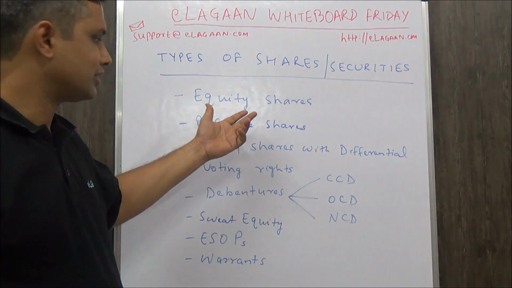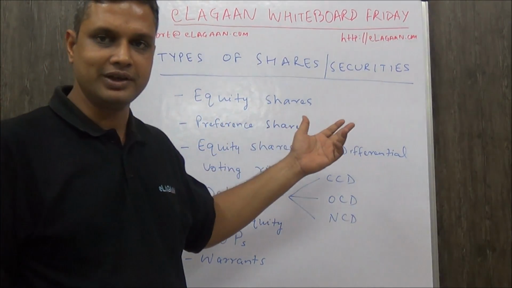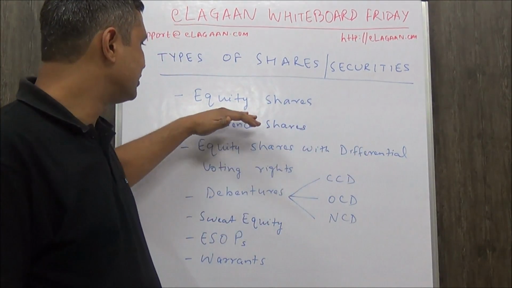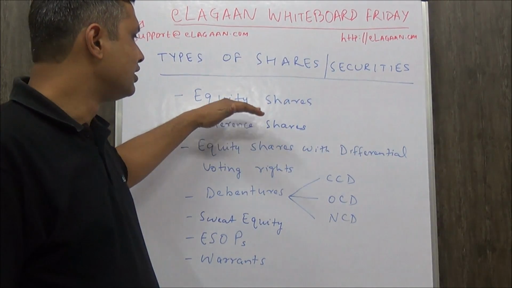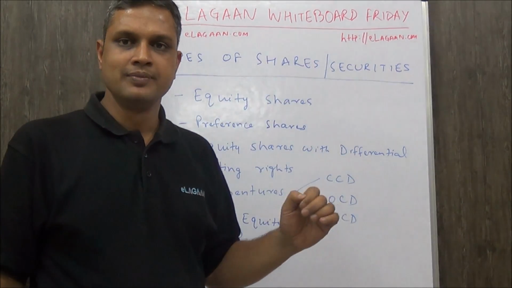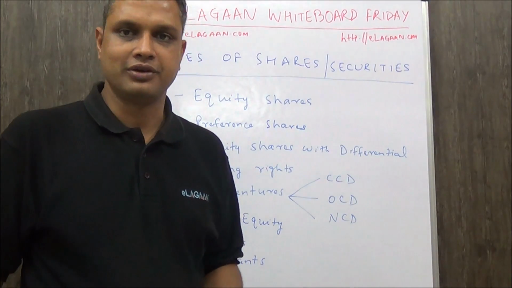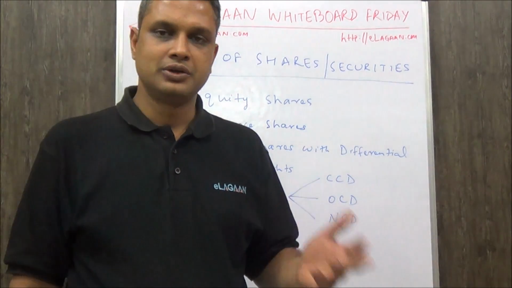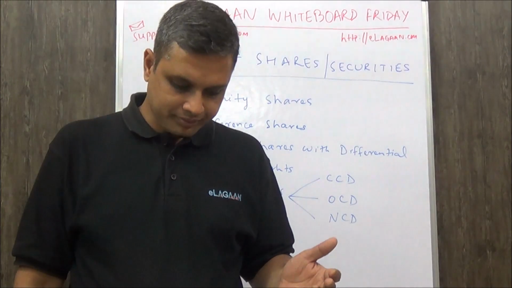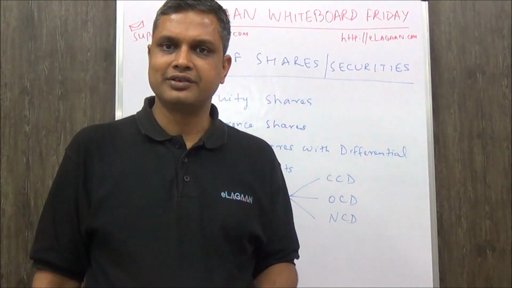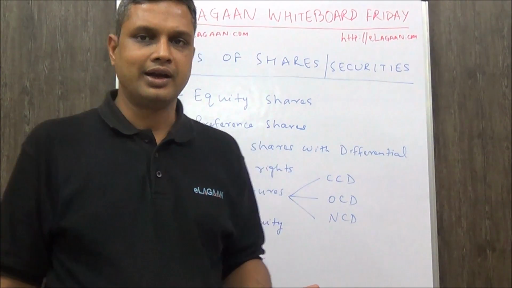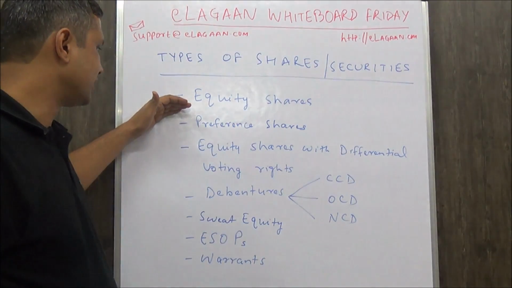This is also called common stock in places like the US. This is mostly used by all the shareholders, right from founders to employees to investors, everybody. This has certain voting rights and the ownership part associated with it.